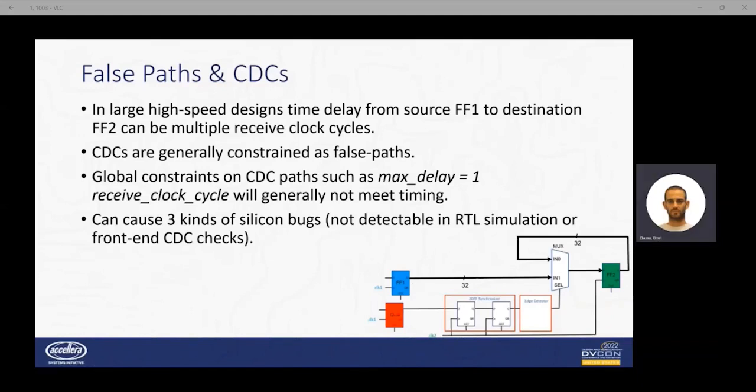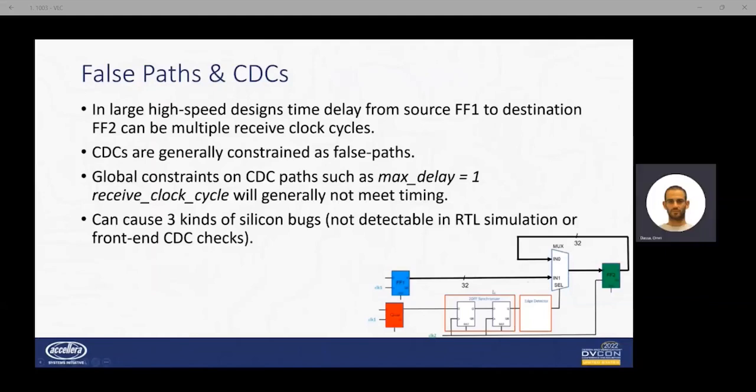In past projects, we used some global constraint for all the CDC paths, trying to set a constraint of max delay of a single receive clock cycle to all of the CDC paths, but at large designs, this constraint won't hold.